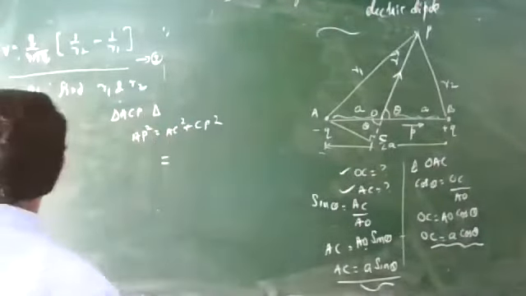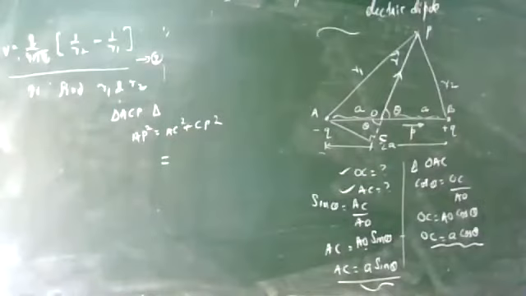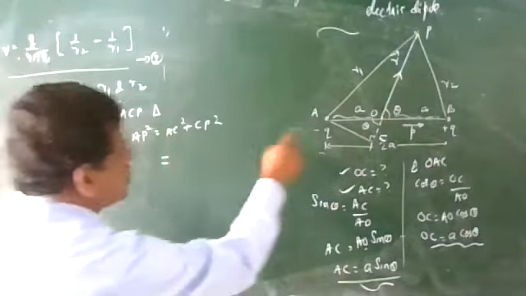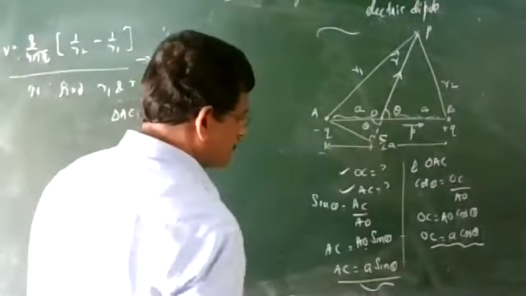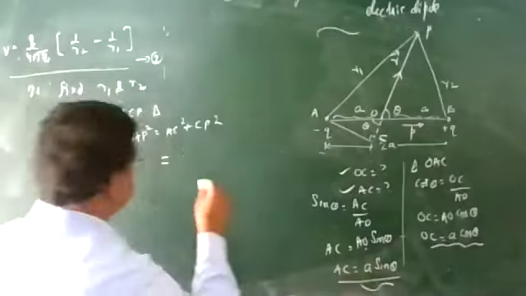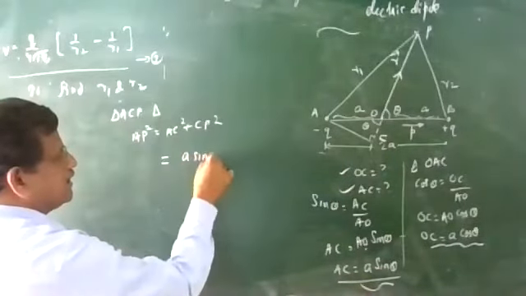Can anyone tell me the value of AC square? AC square is a sin theta whole square.